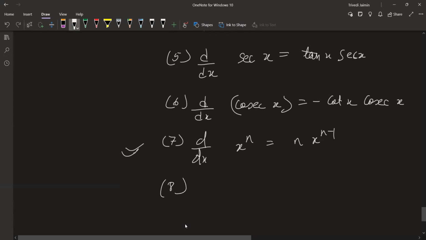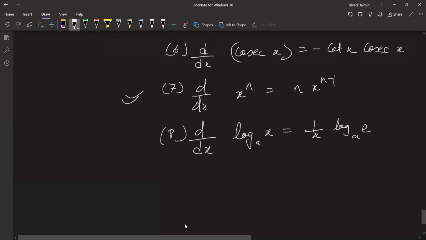Yes. So eighth, d by dx of log x to the base a, which equals 1 by x log a e. And base e is the natural log.